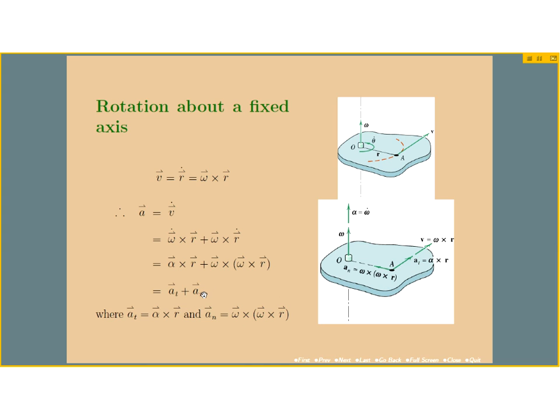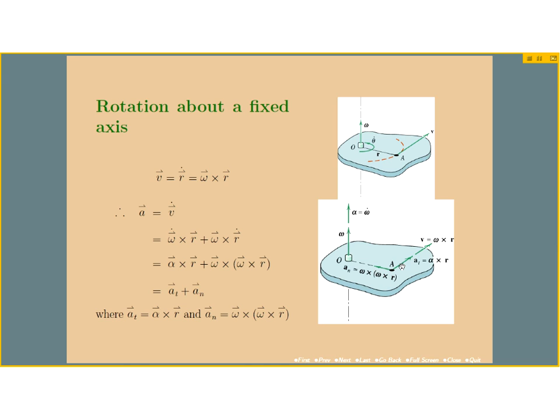Now, the second component, the normal acceleration component, coming from the double cross product: if we realize that the second cross product in the double cross product is the velocity, it means that this double cross product is essentially the cross product of the angular velocity vector with the velocity vector of point A. So it's once again the cross product of a vector in this direction with a vector in that direction.